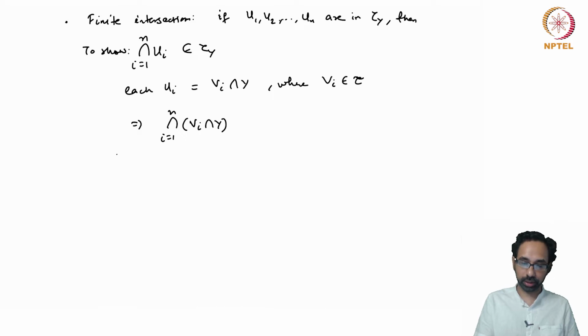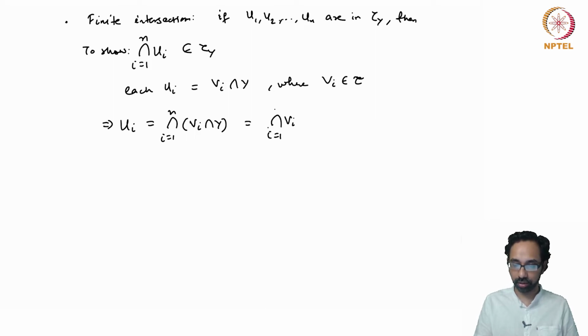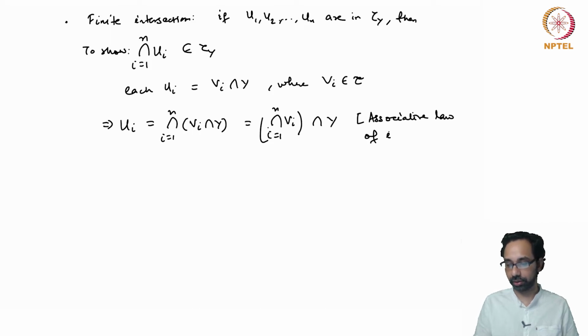And so here let me write, this implies that the intersection of ui equals the intersection of vi, i equal to 1 to n, intersection Y, and this is nothing but the associative law of intersections.